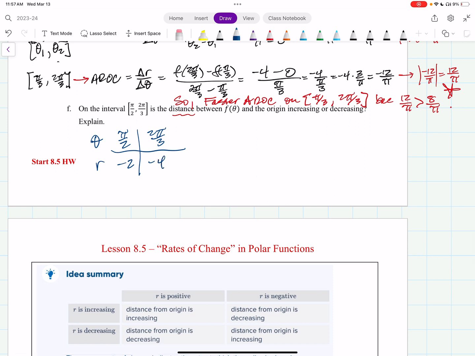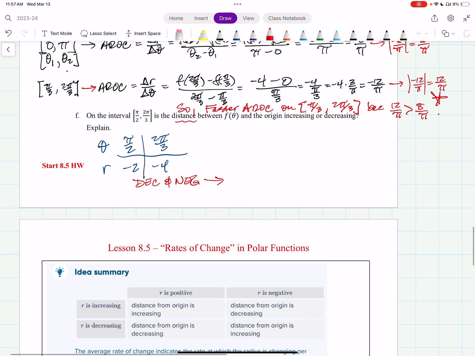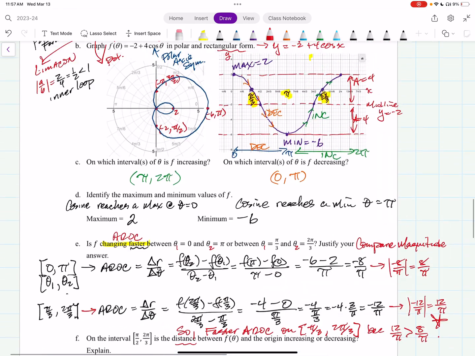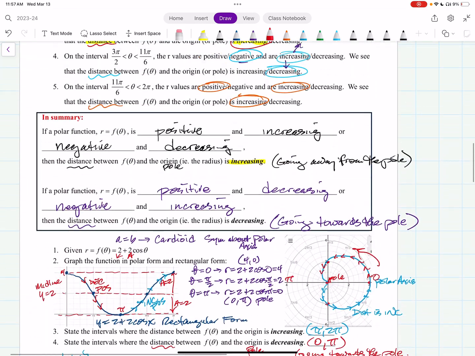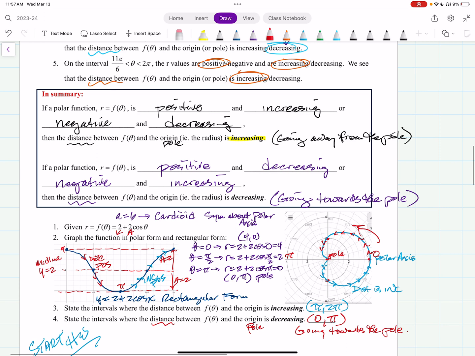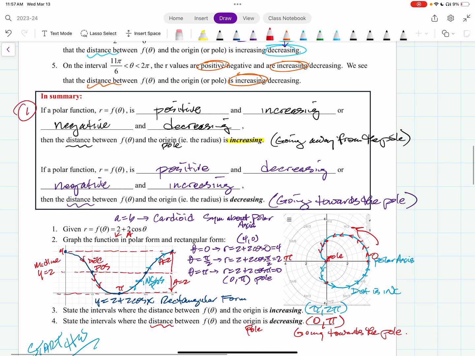So check it out. I notice right here that from -2 to -4, it's decreasing, and they're both negative. So it's decreasing and negative, and from the previous lesson, what did we learn? If it's decreasing and negative, which is in the first condition here, the distance is increasing.